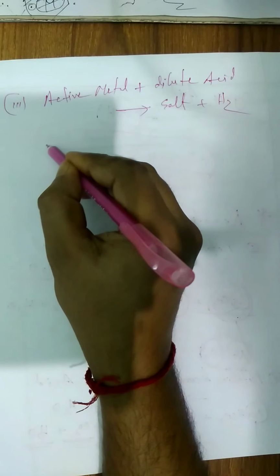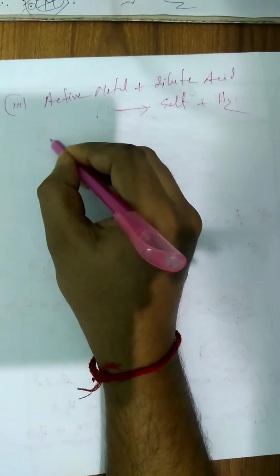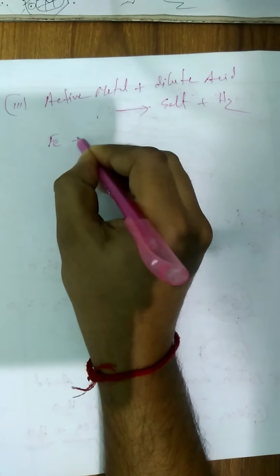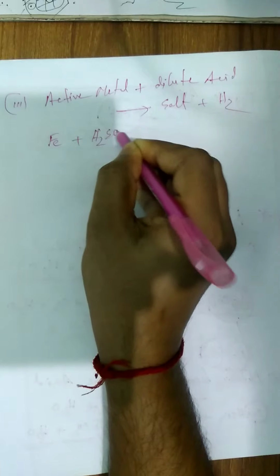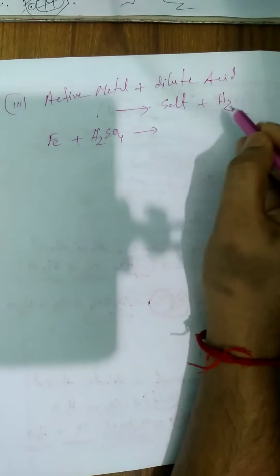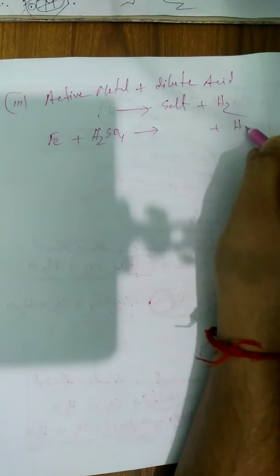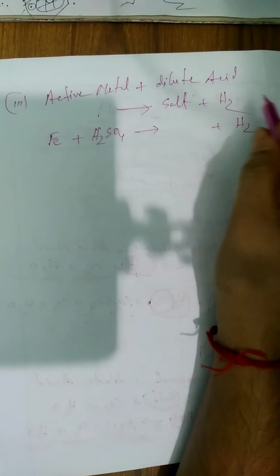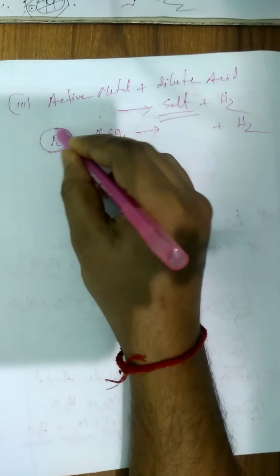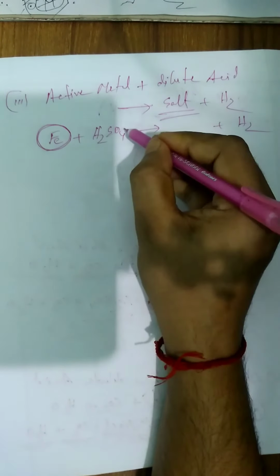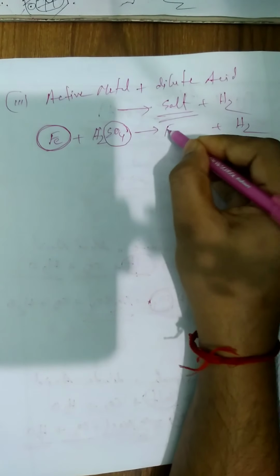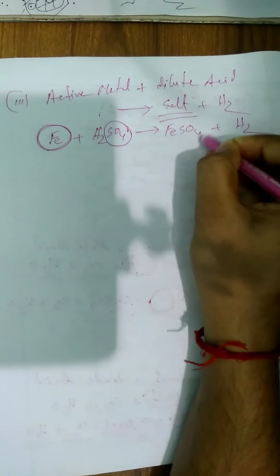For example, this hydrogen gas is common, and salt, that is the metal part is iron and acid radical part is SO4, that means FeSO4.